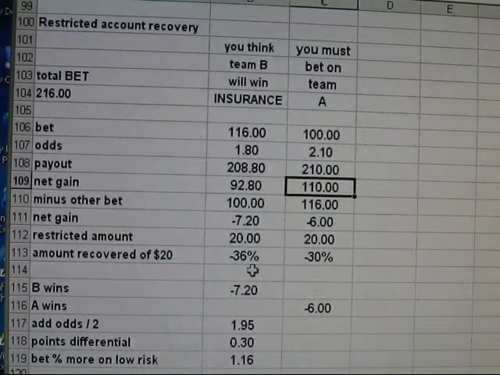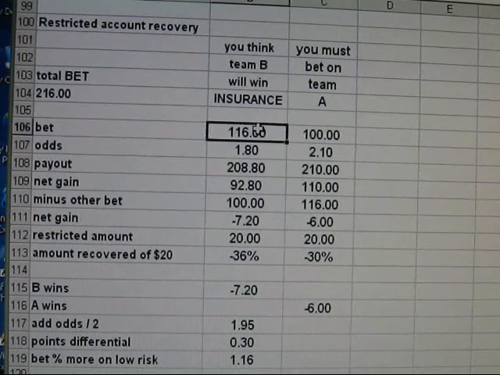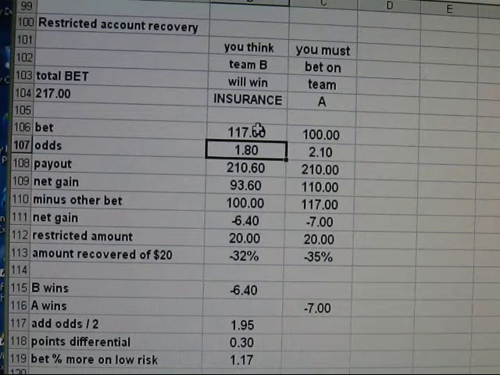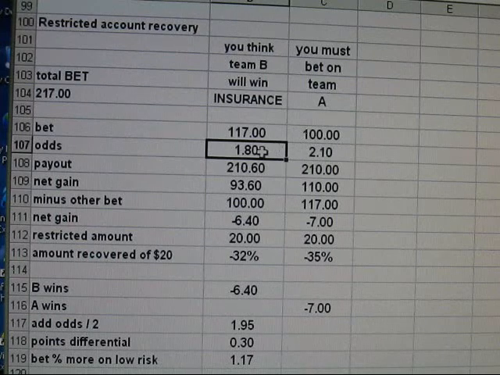Now you can see here again, this was a pretty optimum scenario. If I add that by $1 to 117, then it gets pretty good. Let's look down here to see if our statistics will back up what we're thinking in our data here. That adding up the 2, dividing by 2, 1.95, that's good. Remember, you want 1.9 to 1.99, or even if it comes out to be 2, that's cool, but that's not likely.